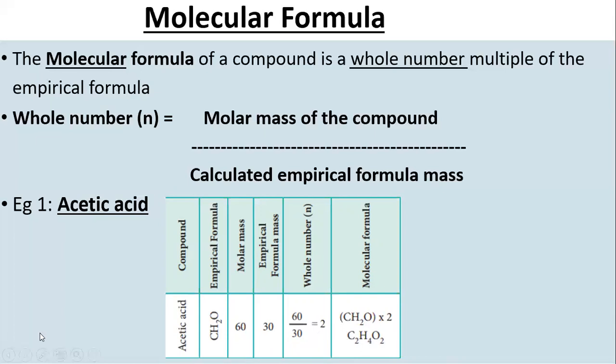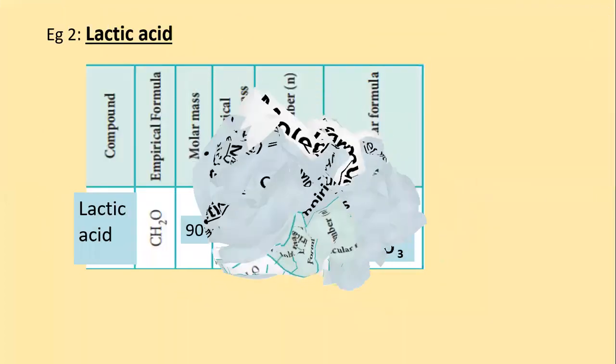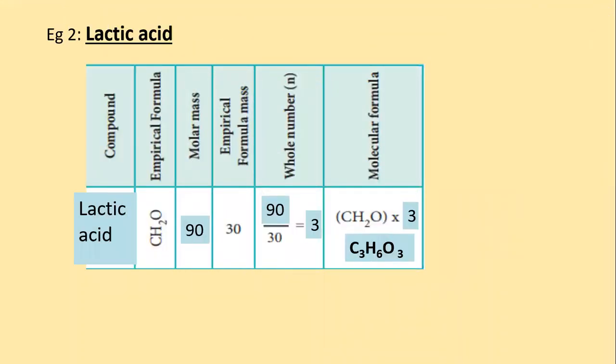Okay, the empirical formula is what we write in the simplest form. Let us move on to another example. Lactic acid. See here, lactic acid has the empirical formula CH2O. First step, we determine the molar mass of this CH2O, which is equal to 30, and in the second step we calculate the number of moles.